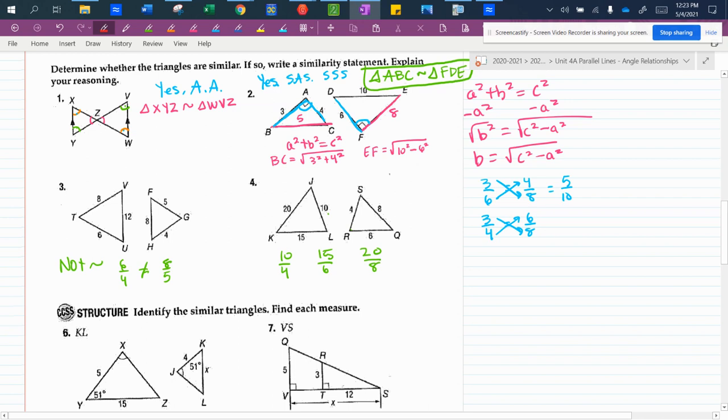Do those all simplify to the same thing on your boards? What is the ratio? Simplify on your board.